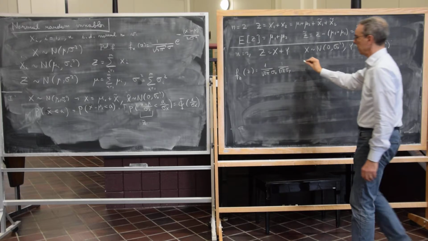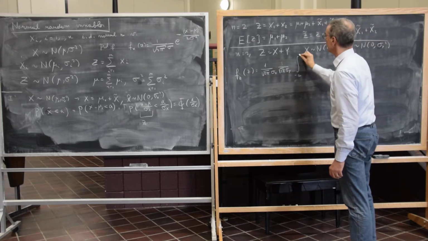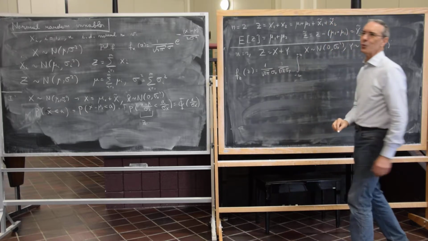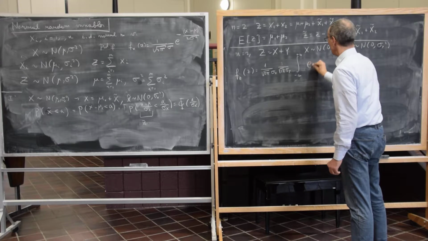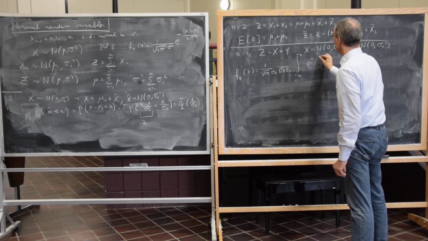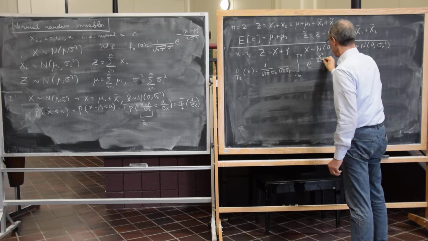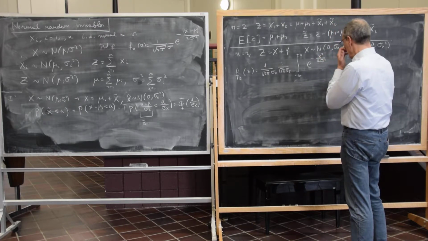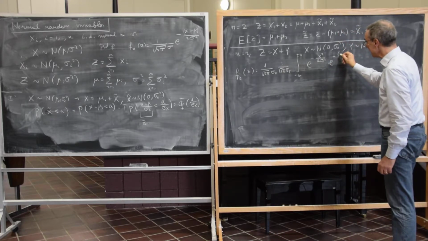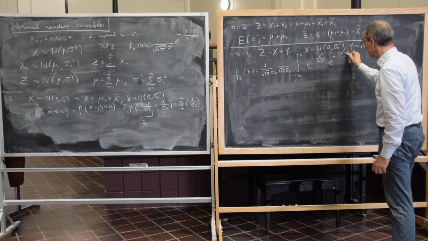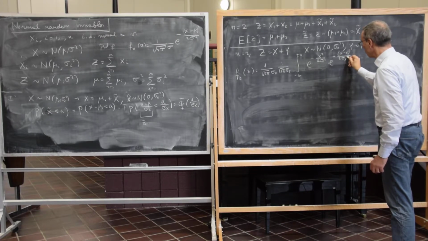And then we have this integral, from minus infinity to plus infinity. I don't have to worry about the boundary. Then you have e to the minus x squared divided by 2 sigma x squared times, and here you have z minus x squared divided by 2 sigma y squared.